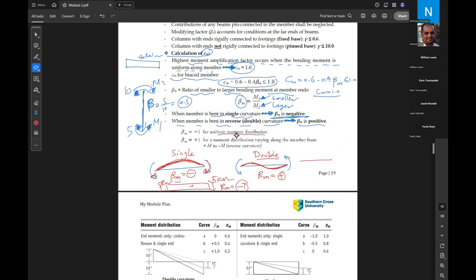Another case, if we have two same moments but in opposite directions like that, same value, but they cause double curvature, again 5 and 5, so beta M will be 1. This is okay, positive because we have double curvature. Okay.